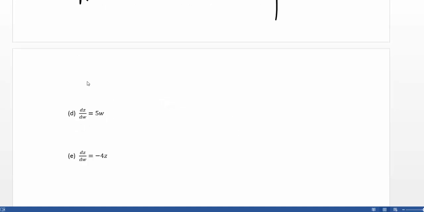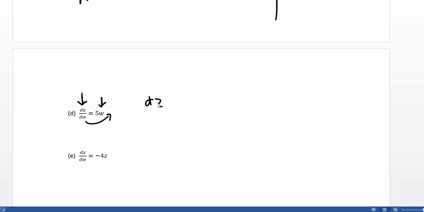Now let's go on. There are two more parts to this. Part d, we have dz/dw equals 5w. So z is my dependent variable here. But notice now that I have a w on the right-hand side. This is meant just to make sure that you're being careful in checking your differential equations. So this is not exponential growth or decay. This is a differential equation that models something else. So what we need to do is bring the dw up.